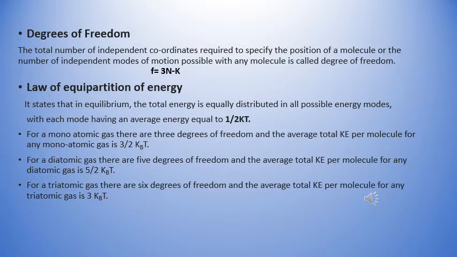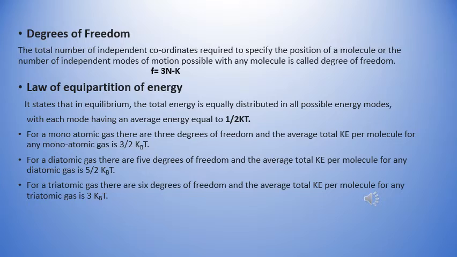The degree of freedom for a monoatomic gas is 3, as a monoatomic gas has a single atom or a point mass and is capable of having only translatory motion. For a diatomic gas like nitrogen, oxygen, hydrogen, carbon monoxide, etc., there are 3 degrees of freedom corresponding to the translatory motion, and there are 2 additional degrees of freedom due to rotational motion.